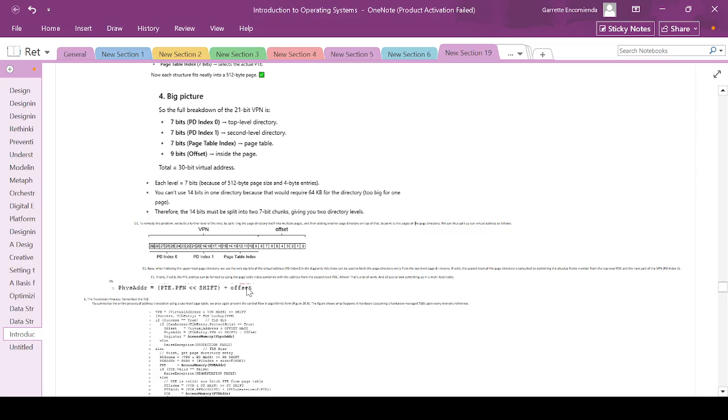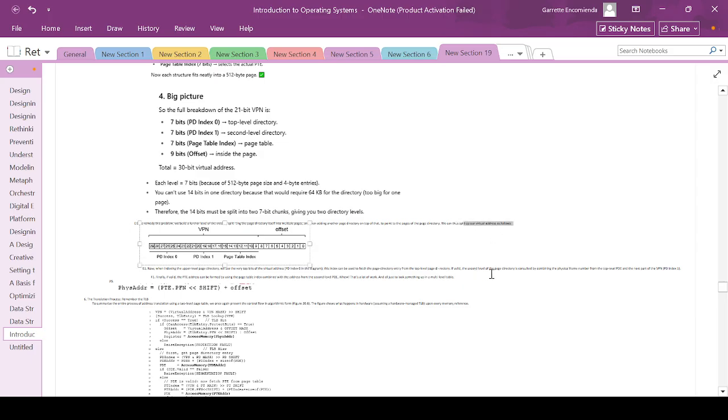So to remedy this problem, we build a further level of the tree by splitting the page directory itself into multiple pages. We split the page directory into multiple pages and then add another page directory on top of that to point to the pages of the page directory.